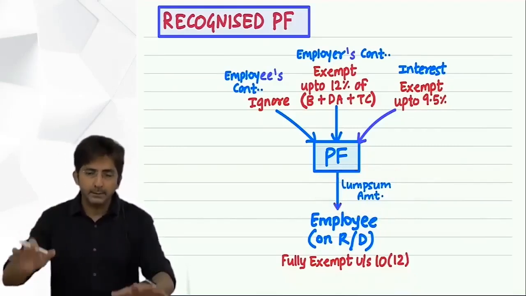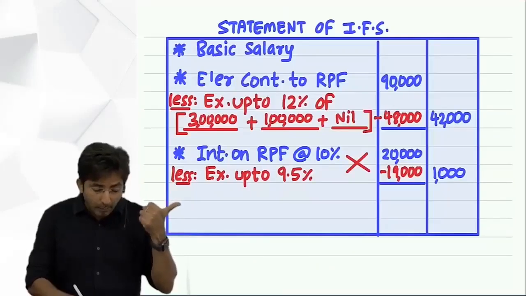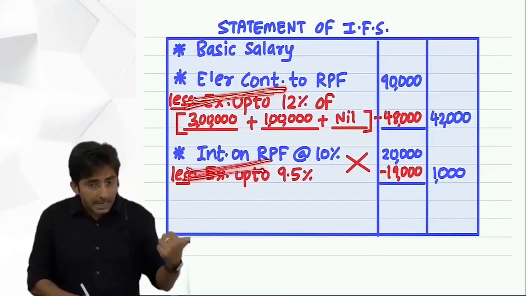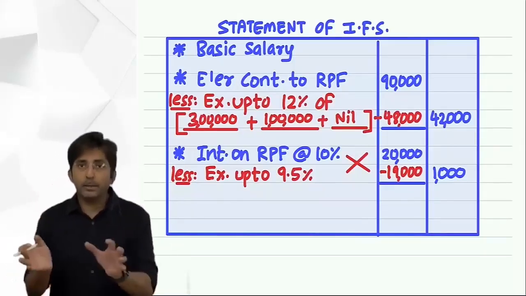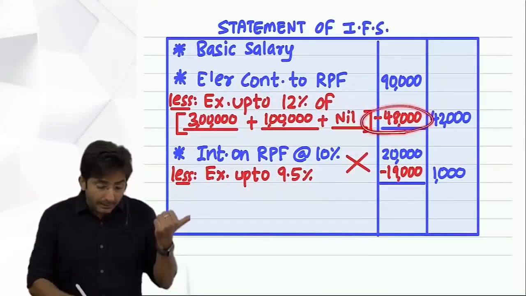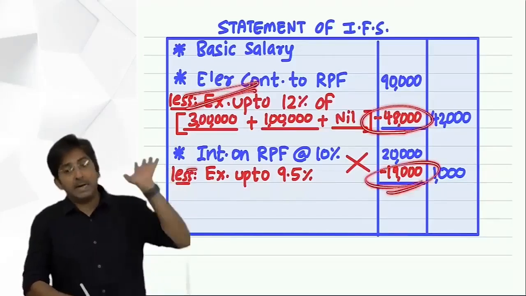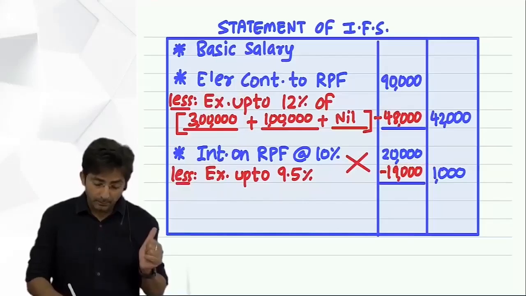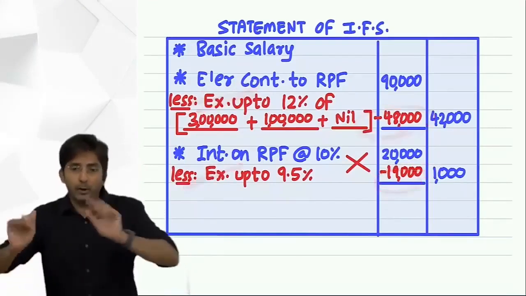If he renders service for a period of less than 5 years, then the exemption allowed in respect of employer's contribution and interest in past shall be withdrawn. Repeat: exemption allowed in respect of employer's contribution and interest shall be withdrawn.